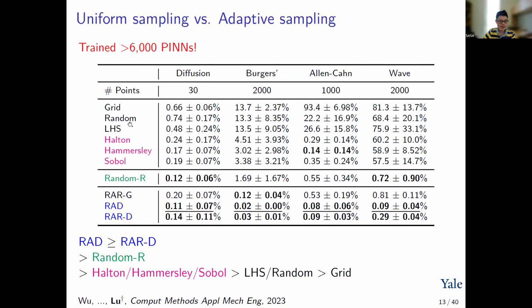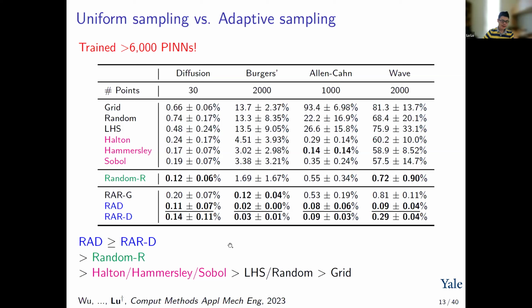For example, with grid sampling or standard random or LHS, you can see for the Allen-Cahn equation, it will have large error. Then Hammersley, Sobol, and Halton can do well for these equations. But for the RAR-D method, this adaptive sampling, we can achieve even better accuracy, even more so for more complex equations.